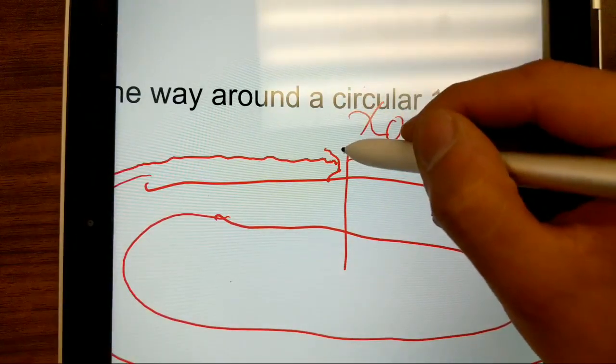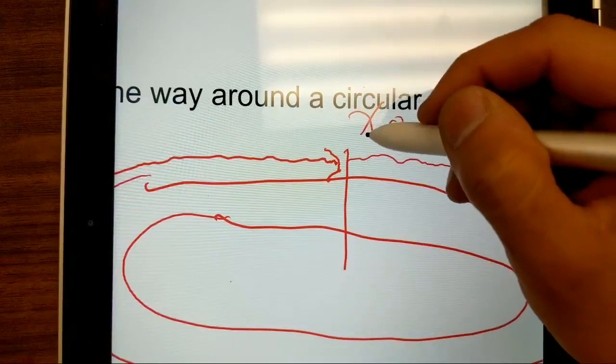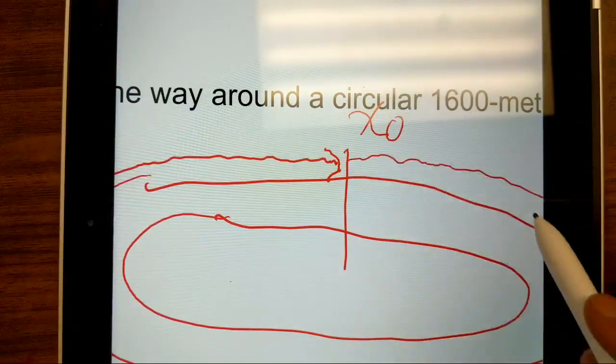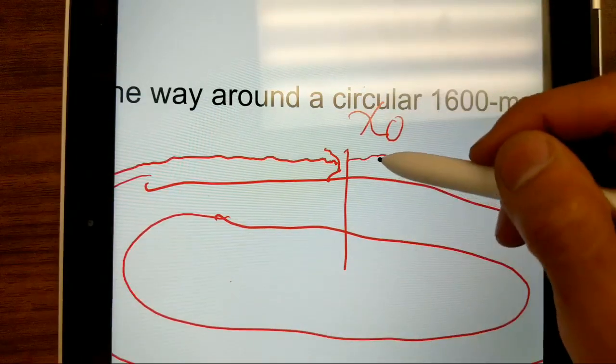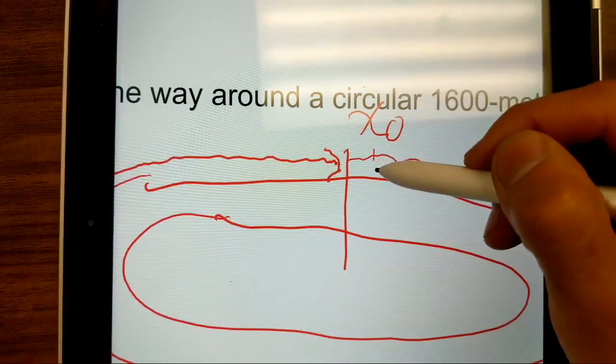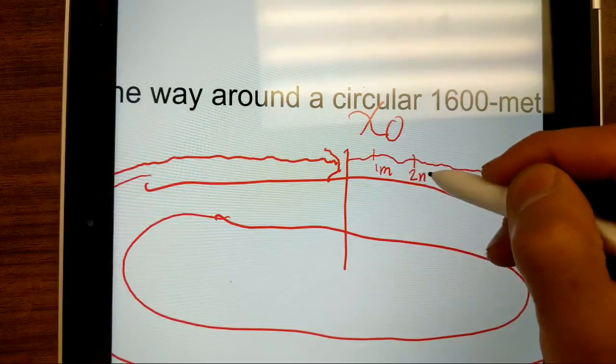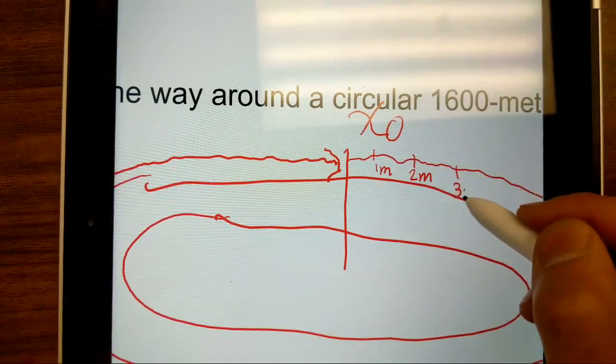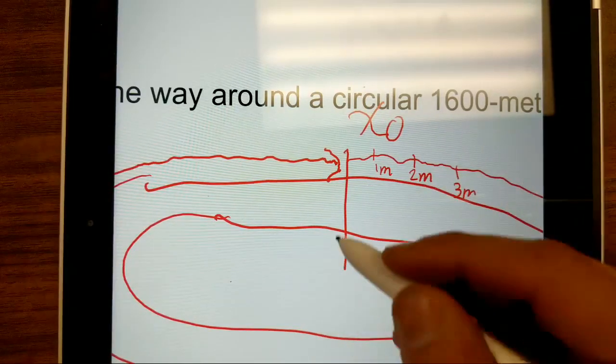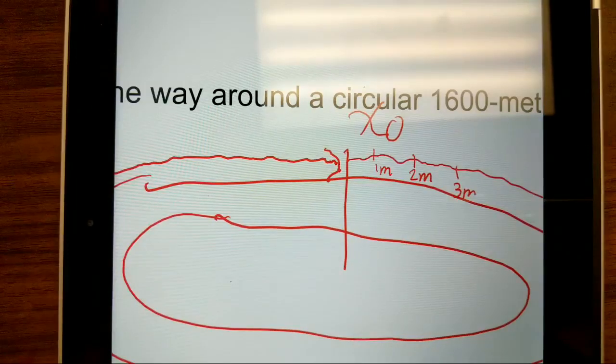Until you get back to this exact spot, your displacement going all the way around this circle, well, let's say I moved 1 meter away, my displacement is 1 meter. I move another meter away, my displacement is 2 meters, 3 meters, and so on all the way around. Let's say I get halfway around the circle, I'm 800 meters away, 801 meters away.